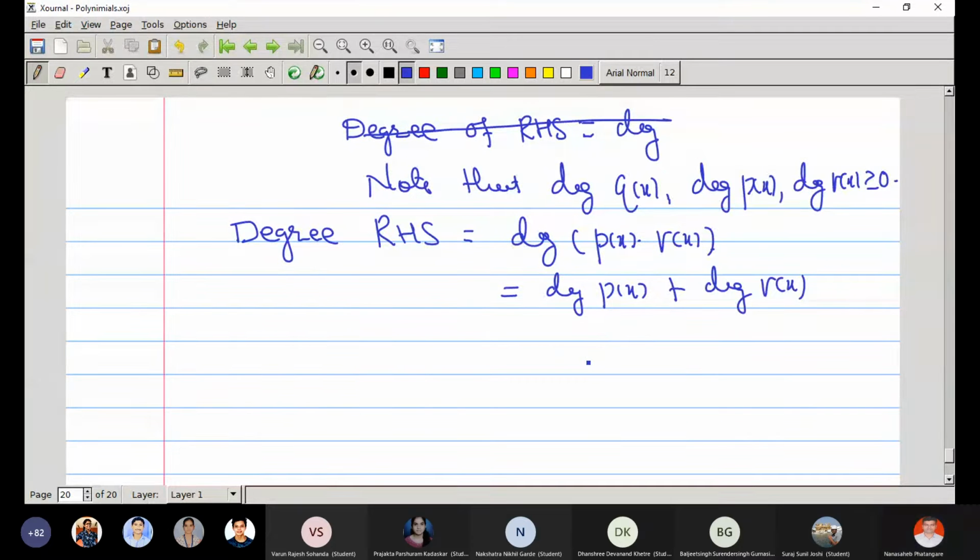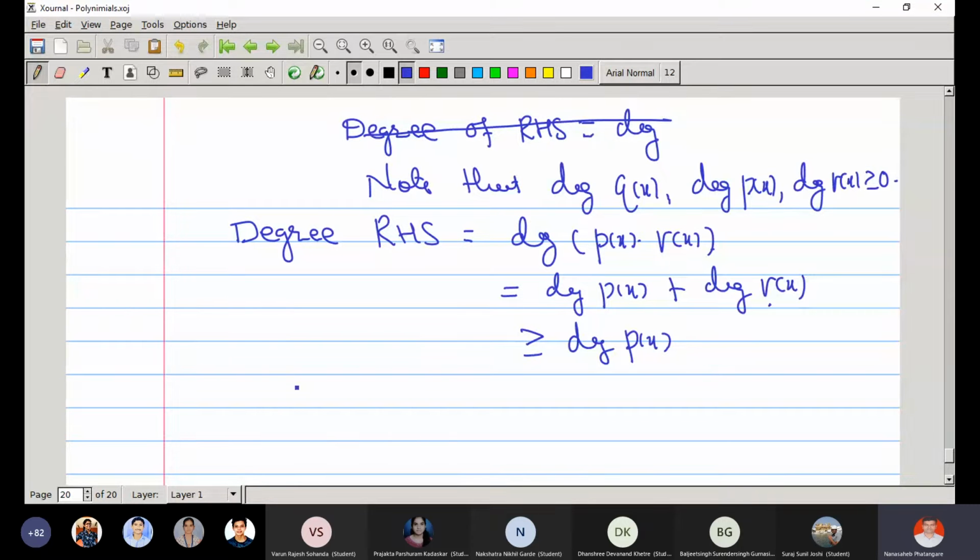And this amount is always greater than or equal to the degree of p(x), because the degree of r(x) is a non-negative amount. If you neglect it, then the sum is smaller. And what is the degree of the LHS?